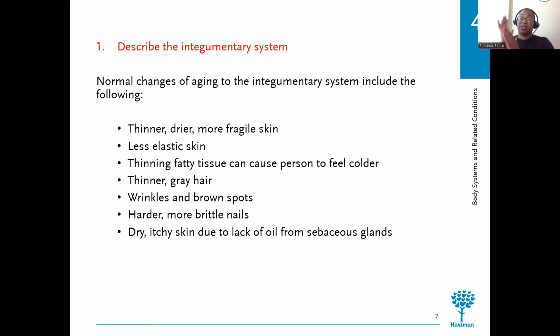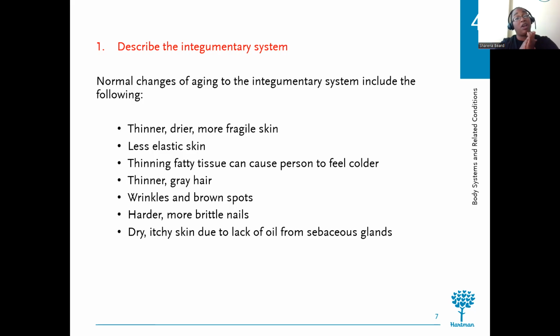Right now, our skin is pretty thick, so if we rub up against something, it just hurts, or we might not even feel it at all. It has less elasticity. Right now, my skin is kind of bouncing back. But with elderly skin, you can probably pick it up and it might stay there for a minute. Sometimes it might bounce back, and sometimes it might just stay until they start moving again.